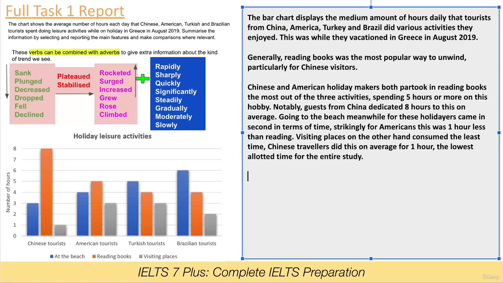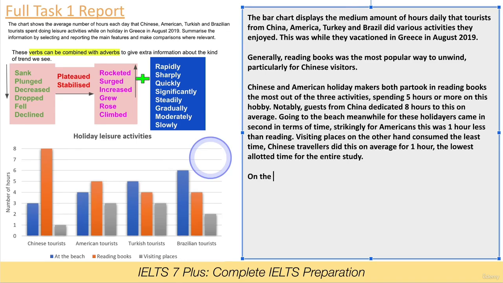Visiting places, on the other hand, consumed the least time. Chinese travellers did this on average for 1 hour, the lowest allotted time for the entire study. I think that's good. We've grouped them together for reading books. Now let's go to our second group, where at the beach was the most popular.